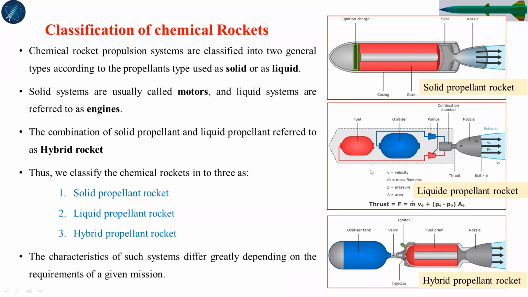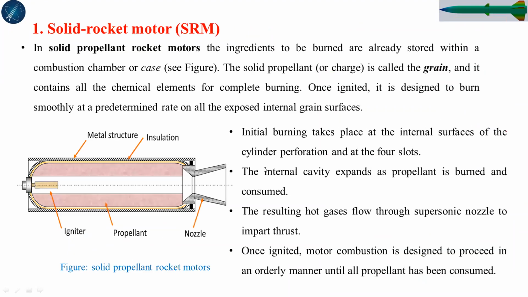Okay, this is just a solid propellant rocket. So how does it work? In a solid rocket motor, the ingredients to be burned are already stored within the combustion chamber. So this is the solid propellant. The solid propellant or the charge is called the grain.